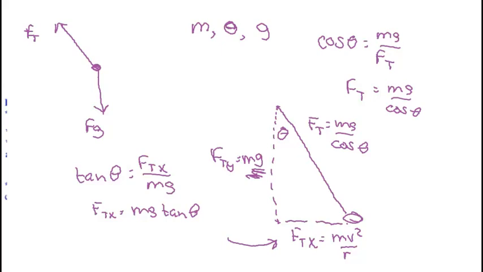What you're going to be asked to do on an AP Physics free response question is probably take this information that you've just derived and then use it to find something like the velocity of the yo-yo or the length of the string in terms of other things like mg and theta.